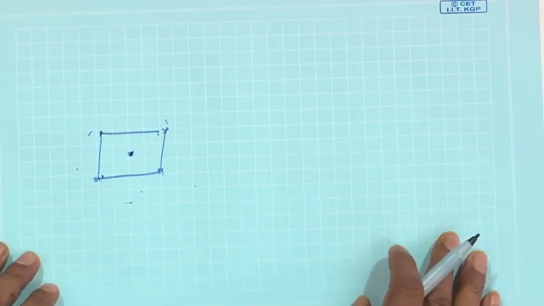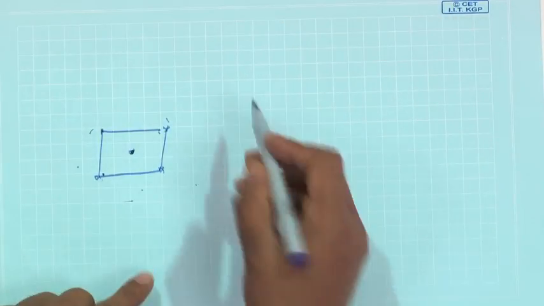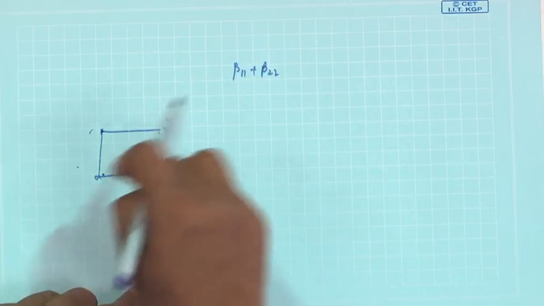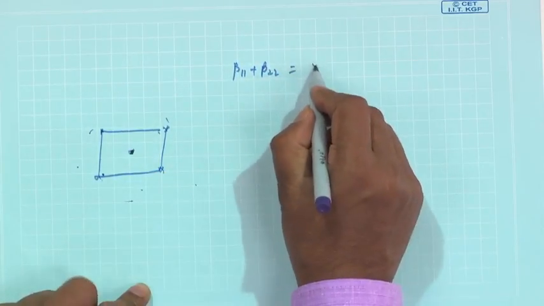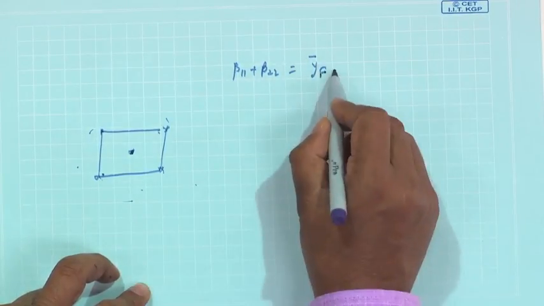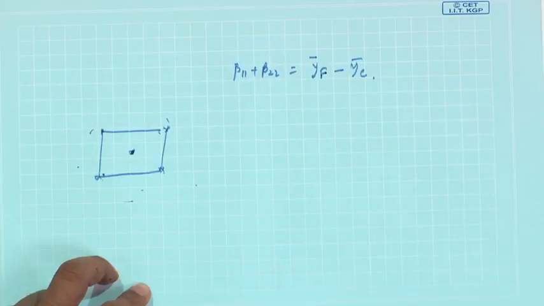That means, if there is quadratic effect like beta 11 plus beta 22 in this case, it will be represented by y factorial point minus y at center point.